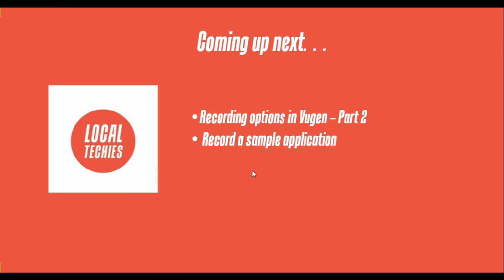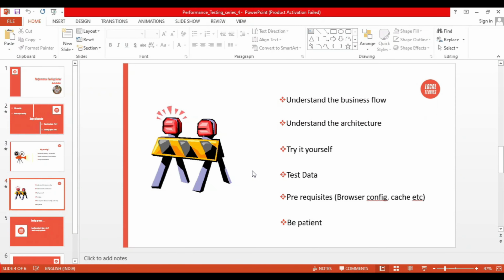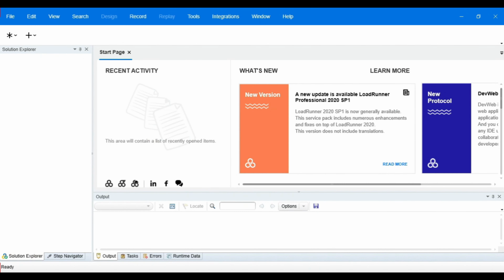So now let us move on to our Vugen introduction. Now I am launching the Vugen. So this is the Vugen start screen. What I'm going to do is open a new script.